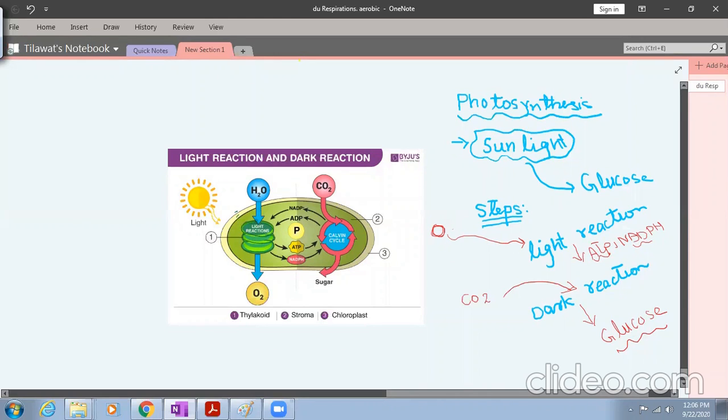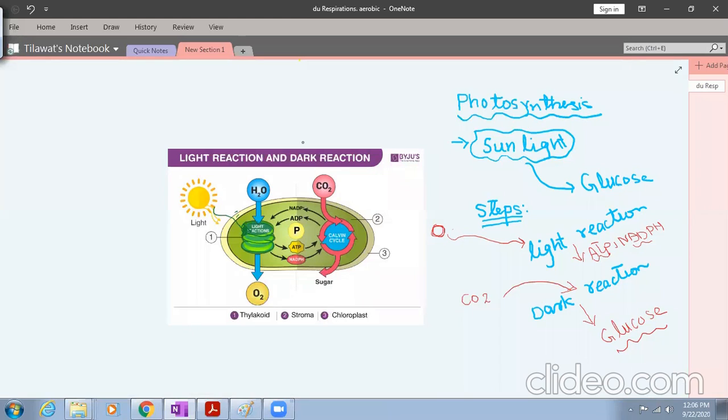So this part is grana of chloroplast on which sunlight will fall. When sunlight falls on this grana, which contains chlorophyll, electrons get excited and that will help in the formation of energy, ATP and NADPH. Am I clear up to here?